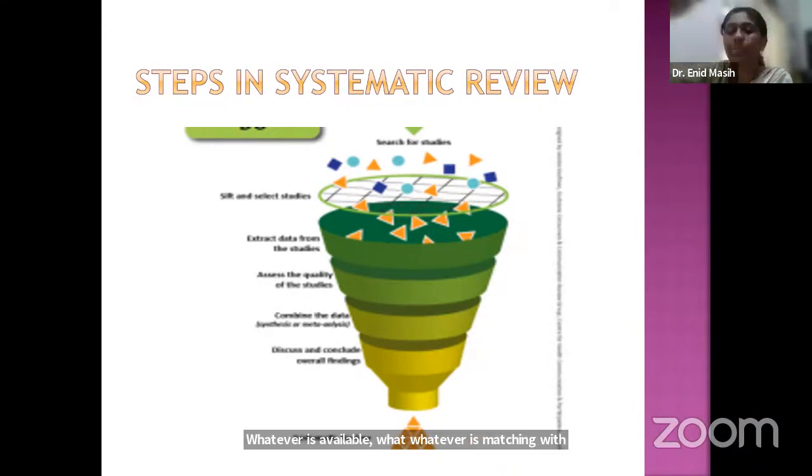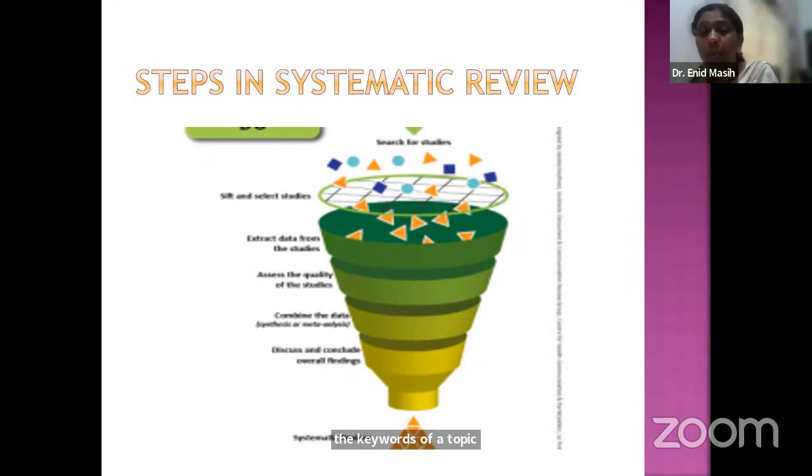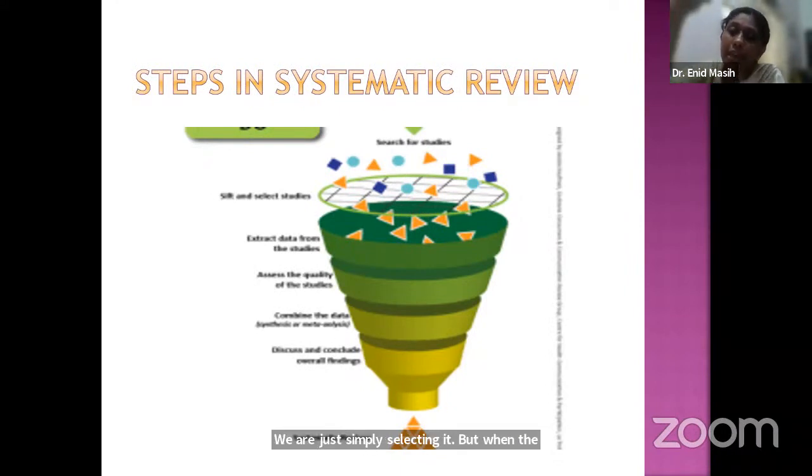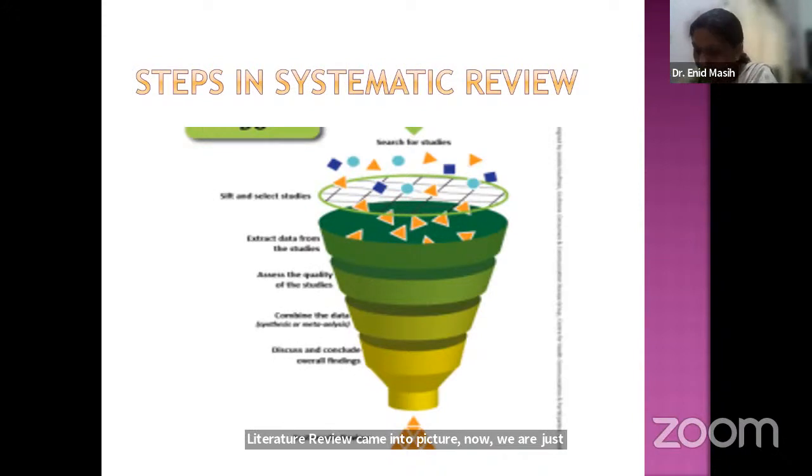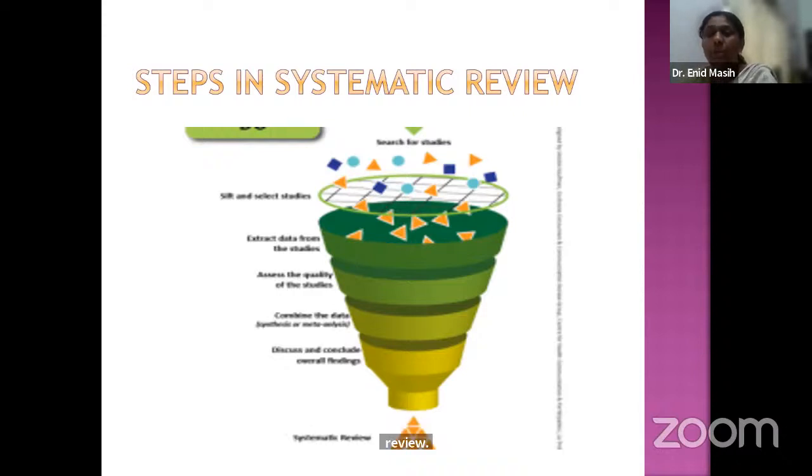But when the systematic literature review came into the picture, we are filtering everything, and then we focus on the main aspect, what is actually going to help us in our main literature review.